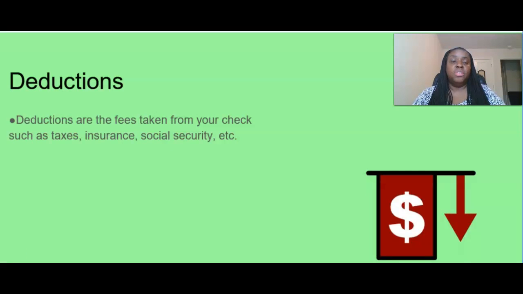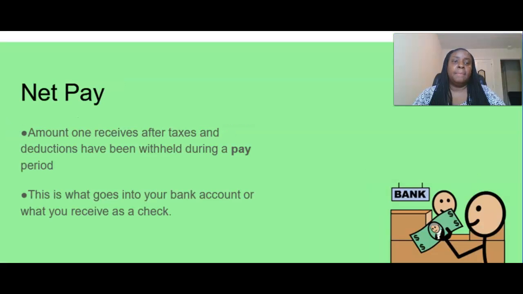Deductions. What are deductions? Deductions are the fees taken from your check, such as taxes, insurance, and Social Security, etc.